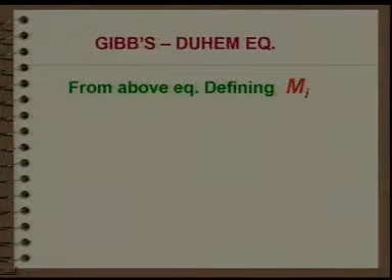What will be dM? This should be Mi bar, so kindly read it as Mi bar. How did we define any property M? We had said M is equal to number of moles Ni into Mi bar. So, what will be dM then? Change in the total property will be due to change in Mi bar and change in number of moles.